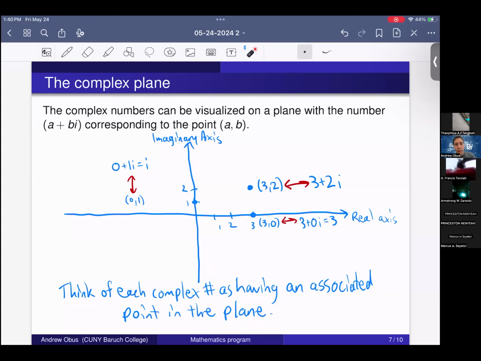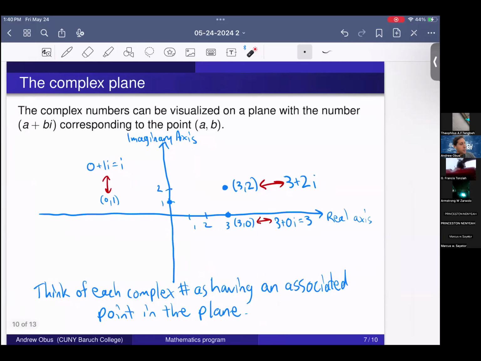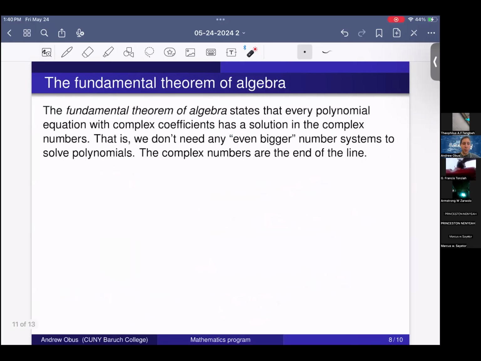Okay. So the last thing I want to say today is, there's something called the fundamental theorem of algebra. What does it say? It says that every polynomial equation with complex coefficients has a solution in the complex numbers. So we don't need any bigger number systems to solve polynomials. The complex numbers are kind of the end of the line in some way.